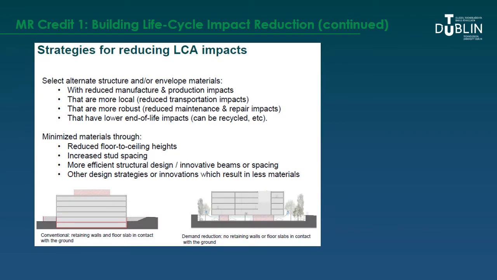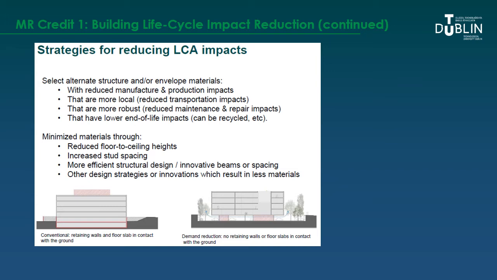So this is a bit tangential because it's more about the design, but how you might actually go about the reduction is you would actually start to select alternative structure or envelope materials within that software, or obviously within your design, but that you translate into software like Tally or one-click LCA, etc. So they'd have more local materials that are more robust, or that have lower end of life impacts, so how they're dealt with when they're at their end of life, or you'd minimize the amounts of them, so you'd reduce the floor to ceiling heights, you'd increase the spacing of the studs, you'd have a more efficient design, or any kind of other strategies which eventually result in less materials.